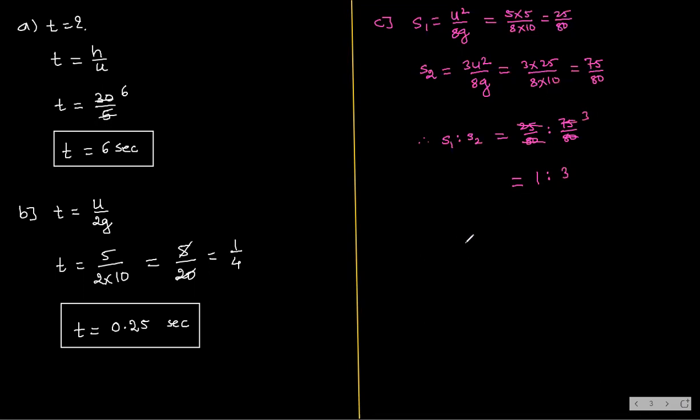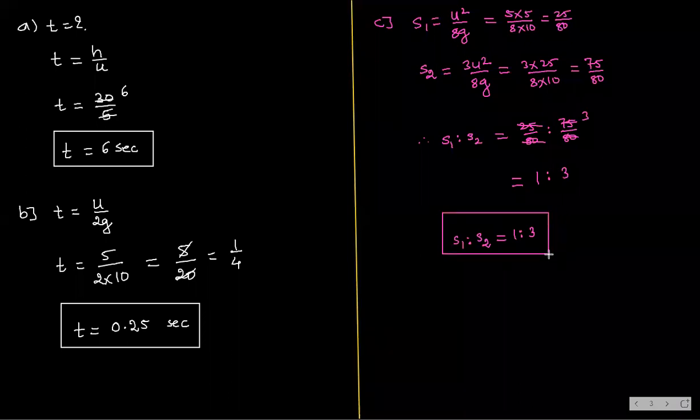And therefore the ratio of distances covered is equal to 1 is to 3. Yes, understand? Is that clear? Okay. Try to do it yourself. Read the question and check yourself.